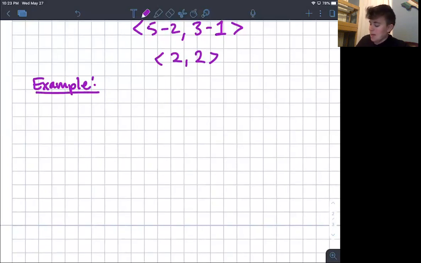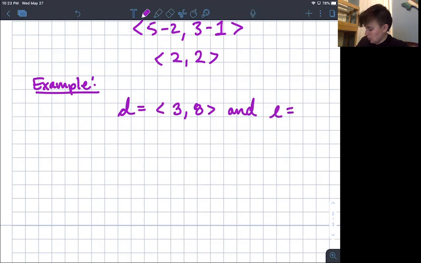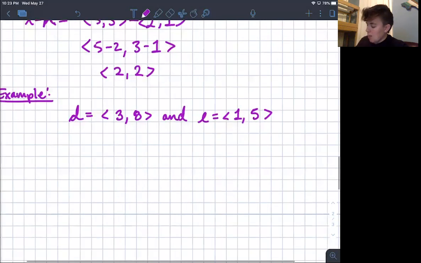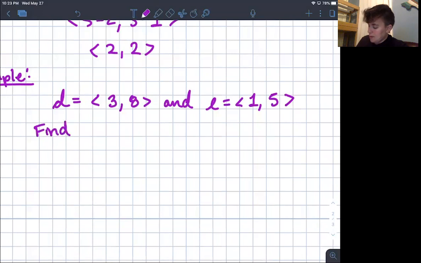So let's say D is equal to 3 comma 8, and let's say E is equal to 1 comma 5. And I want you to please find 2D plus 3E. So go ahead and pause this. Try it real quick. Shouldn't take you that long. Come back. See if you got the right answer.